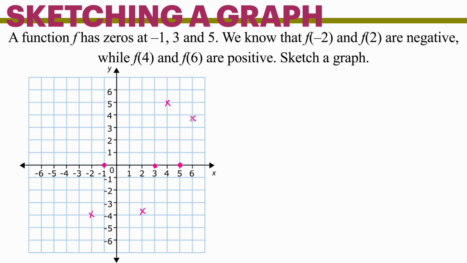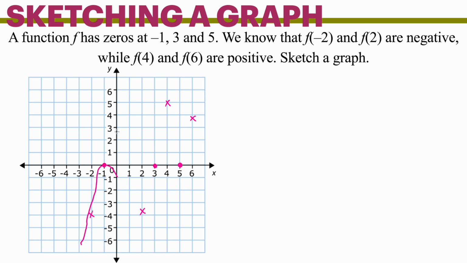So now we can sketch. We know that on the left-hand side of -1, it's negative, because at -2, it had to be down here. So we know it's going to head up through. It must have bounced. Why did it bounce?